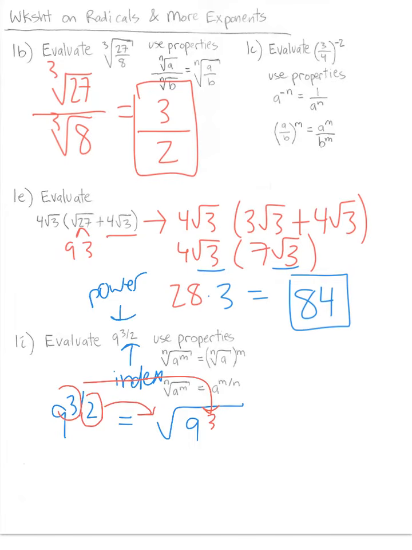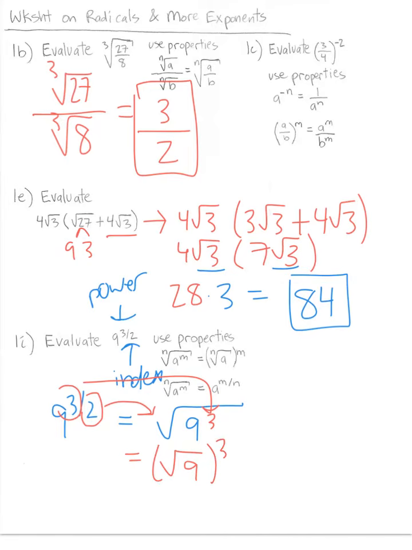So I have to think to myself, and essentially what we just used is this bottom property here. I'm going to use this top property because I think to myself, is it more efficient to take 9 to the 3rd power and then square root it? Or is it more efficient to take the square root of 9 and then cube it?